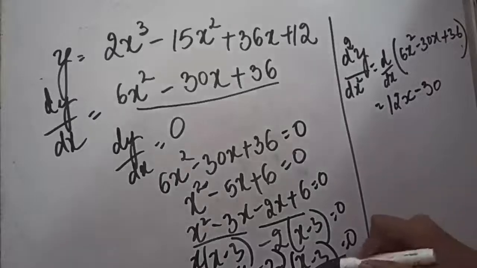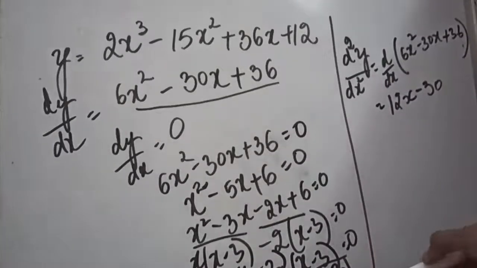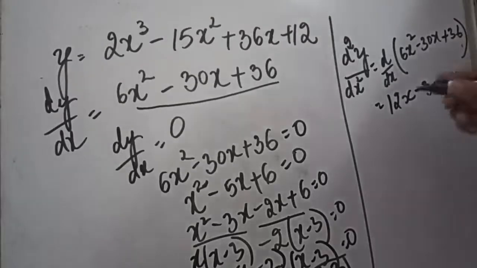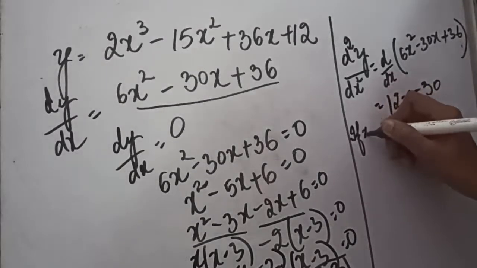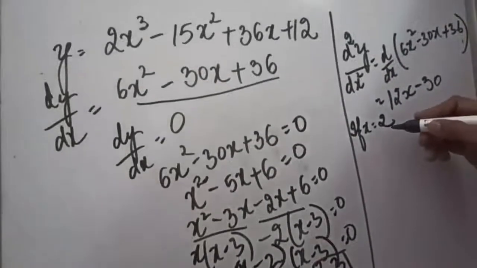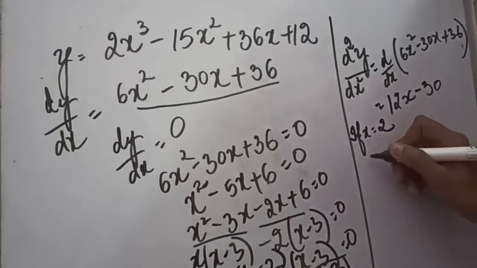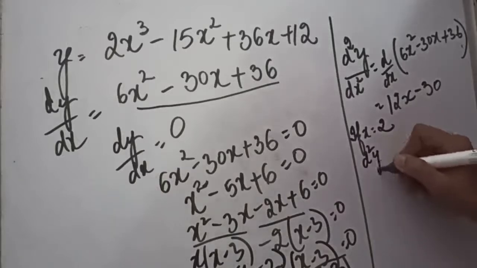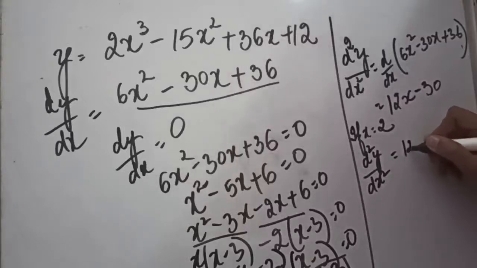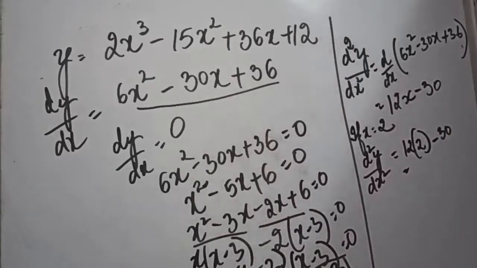Now these two values that we calculated, x is 2 and x is 3, we will put these values in this rederivative. The first value of x we calculated was 2. If x is 2, then what will be the value of the rederivative? d square y upon dx square will be, putting the value of x, 12 times 2 minus 30, and observe whether this value comes out to be positive or negative.